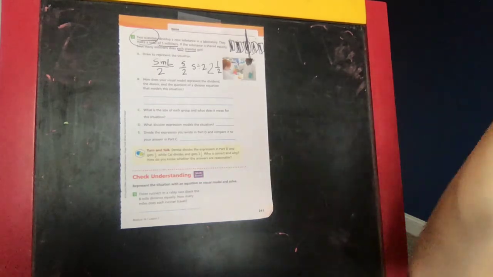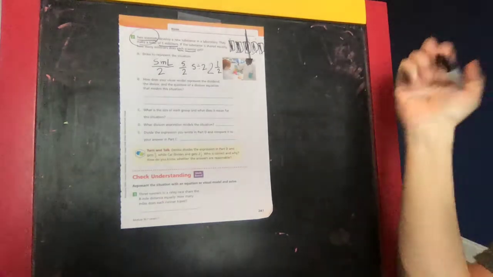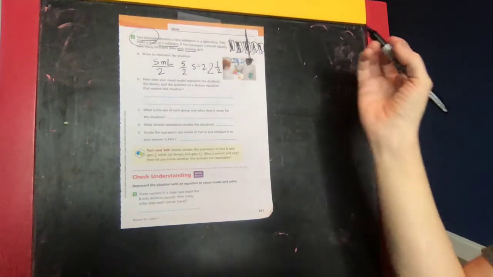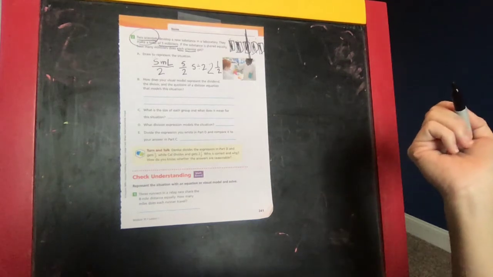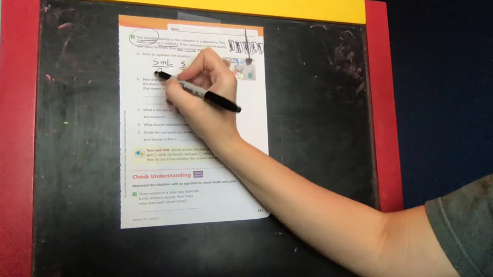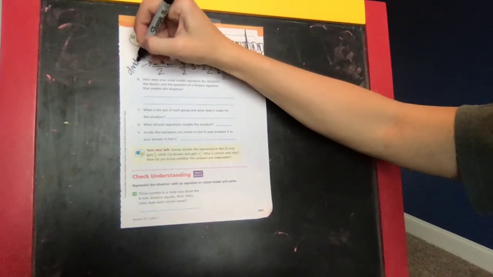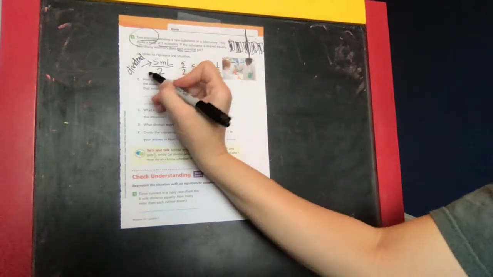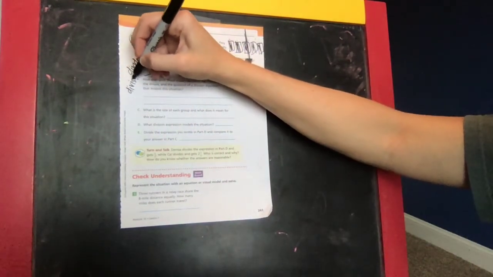Probably we answered all these questions. How does your visual model represent the dividend, divisor, and quotient? Okay. So remember that the dividend is what's being divided. Divisor is what you're dividing by.